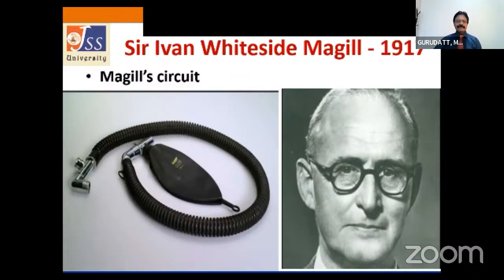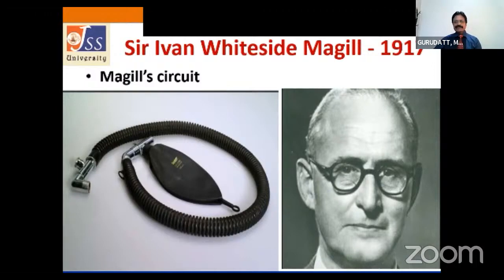But during those days, the problem was, there were many cases of patients with infections, especially tuberculosis, which was rampant. Those circuits were reusable circuits, there were no disposable circuits like we presently have.